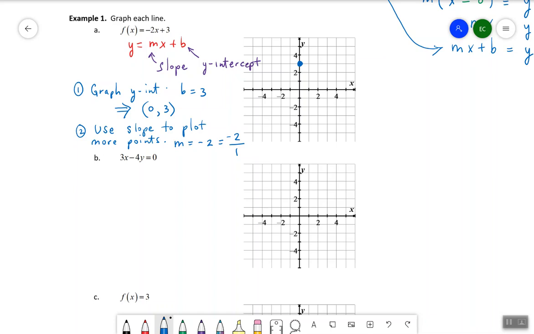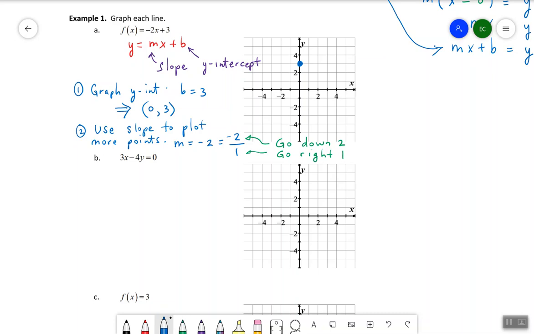And if we think of it that way, then the -2 says go this much in the y direction, go down 2, right? The negative sign tells us the negative y direction, down, and then go to the right 1. That's the positive horizontal direction, a distance of 1.